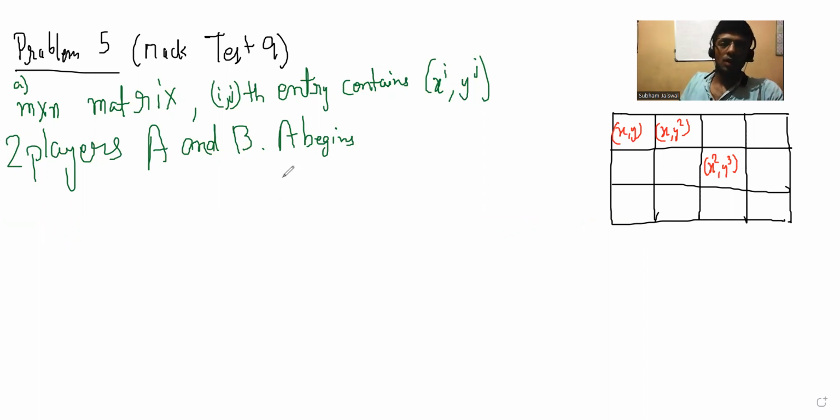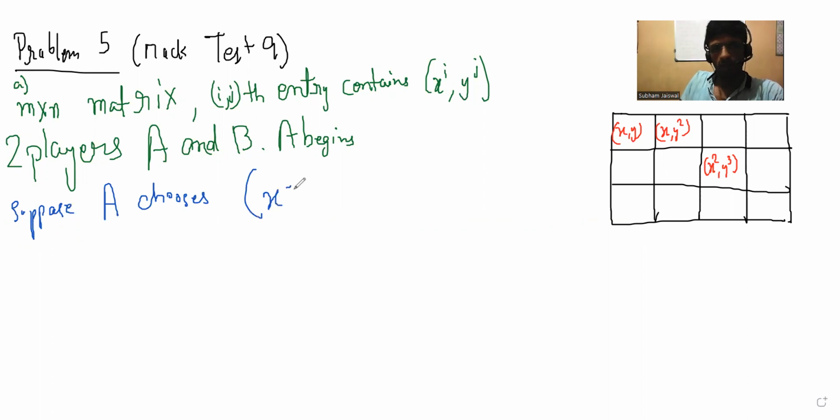Suppose A chooses x to the power -1 and y to the power -2, initially.